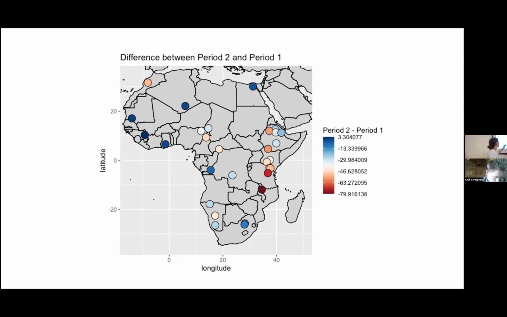And what's interesting is, even though it's really preliminary stuff, you have here this East African wedge thing with values that go on one side of the scale. And then you have the West African stuff that for the most part goes the other side of the scale. So you have that east-west shift that you would predict when you're subtracting one period from the other.